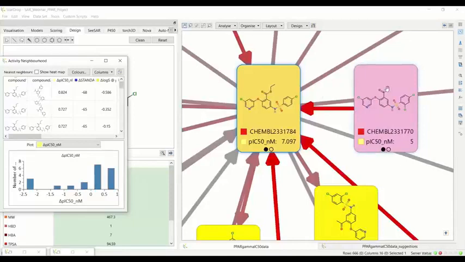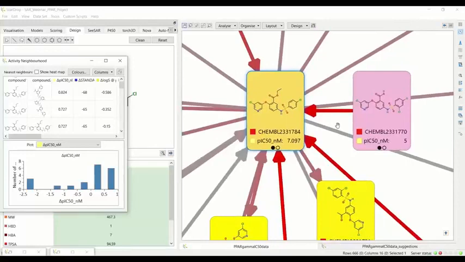So perhaps it's just charge here. Hydrogen bond accepting functionality, that could be giving us the activity. It wasn't picked up in the match pairs because we're comparing a monochloro and a dichloro. But still being able to do this analysis quickly gives you the impression of what are the structural features around these molecules that can affect activity.